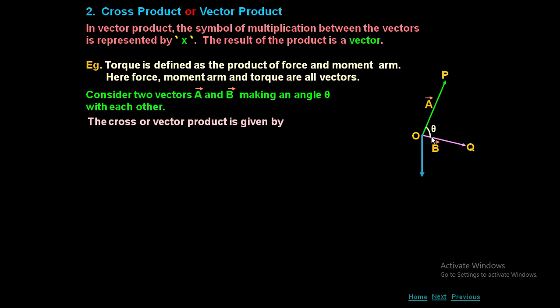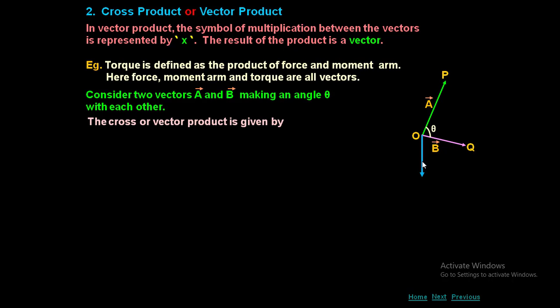For example, if you take this as x-axis and this as y-axis, and this represents torque, that is nothing but z-axis. So all three are mutually perpendicular with respect to one another. So when you have one vector along x, another vector along y, the product will be along z-axis, that is perpendicular to the plane containing x and y.